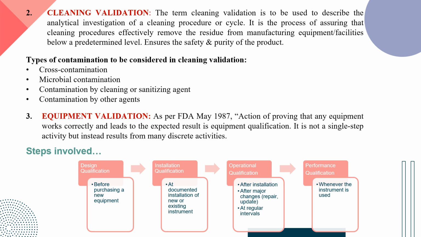It is not a single step activity, but we need to perform different types of activity which may result in the equipment validation process. There are some steps involved in the equipment validation. First, design qualification. Second, installation qualification. Third, operational qualification. And the fourth is the performance qualification.